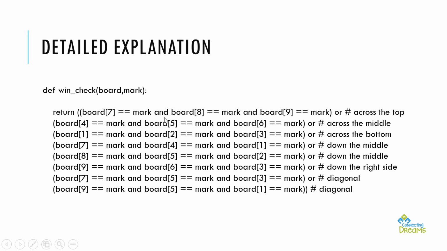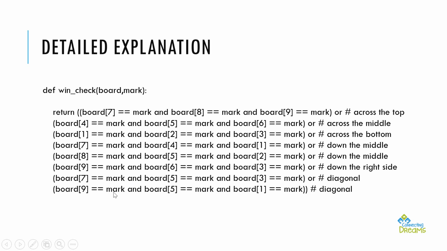Whereas 4, 5 and 6 is another horizontal in the middle, 1, 2, 3 is the horizontal at the bottom, then we have 7, 4, 1, which is down the left side. So all of the possible positions have been taken care of.